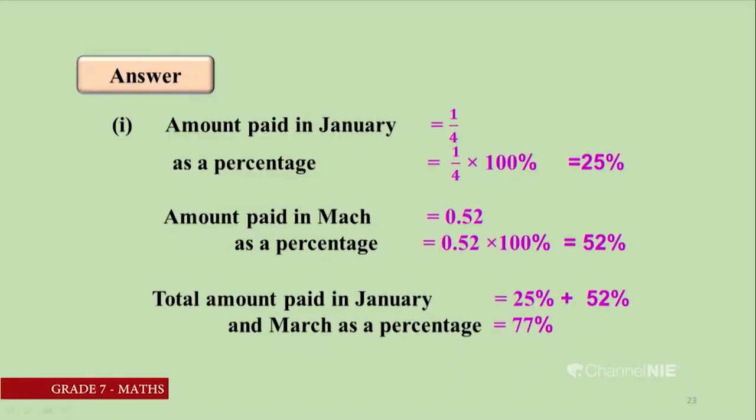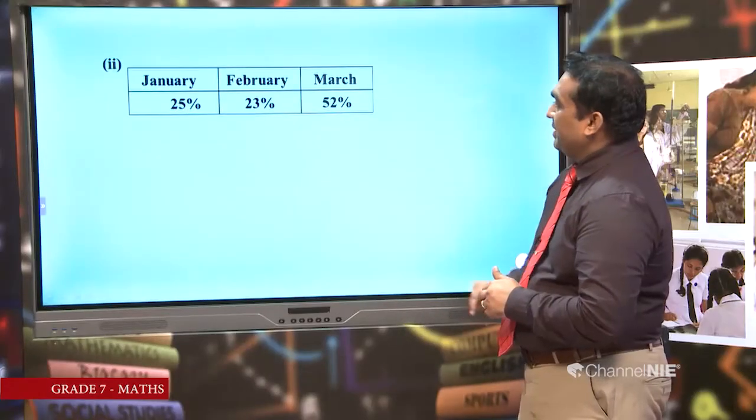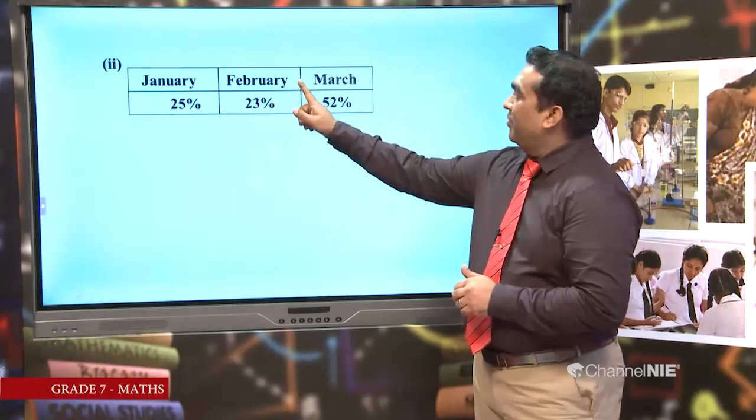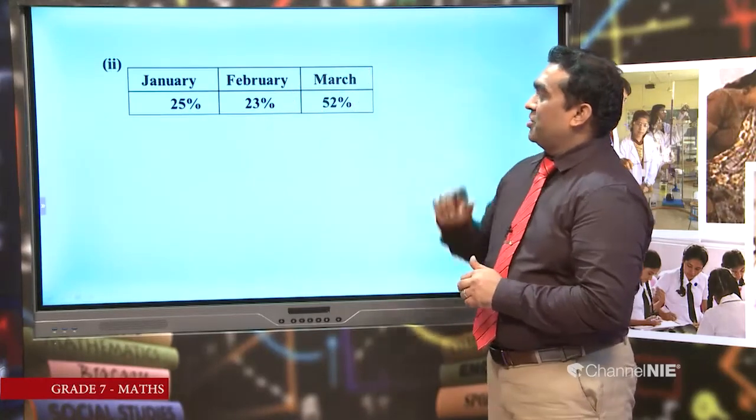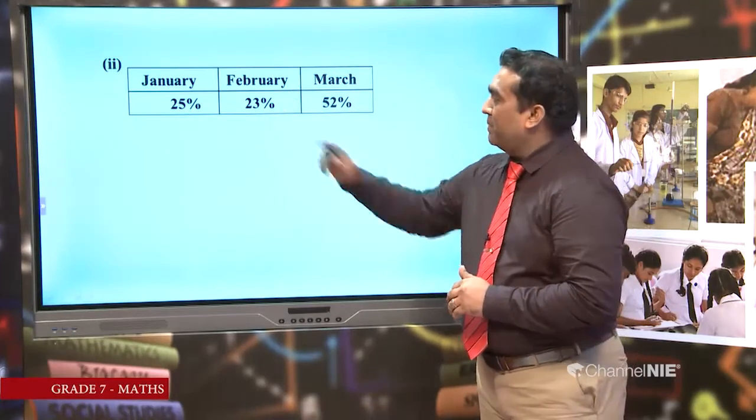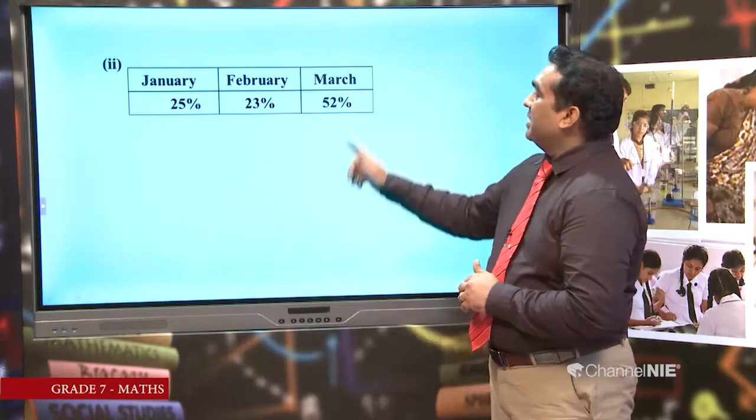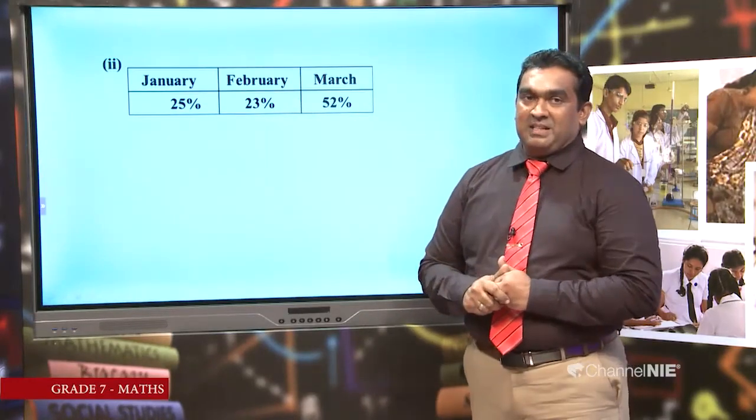Now, total amount paid in January and March as a percentage. Here you have 25%, here you have 52%. Now 25 plus 52, 77%. January, February, March: 25%, 23%, 52%.